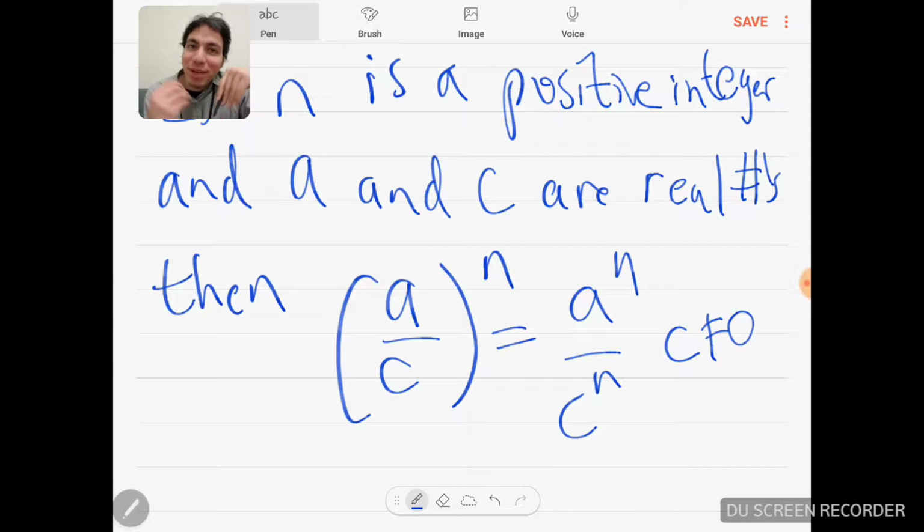Obviously, every time we make a theorem like this, when we have a quotient, we always have to specify 0 not being in the denominator because we still don't know what that is at this moment.